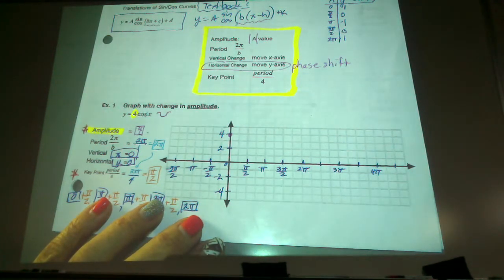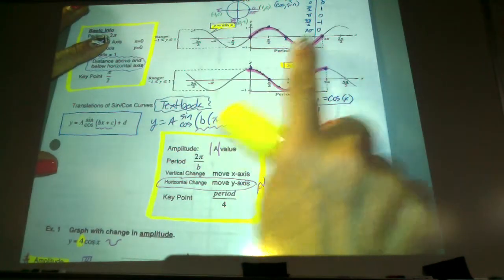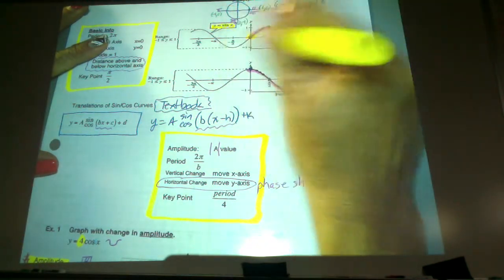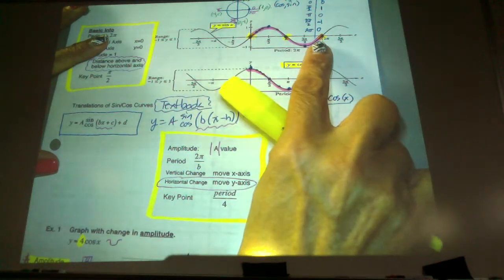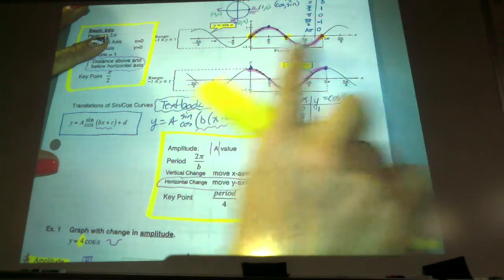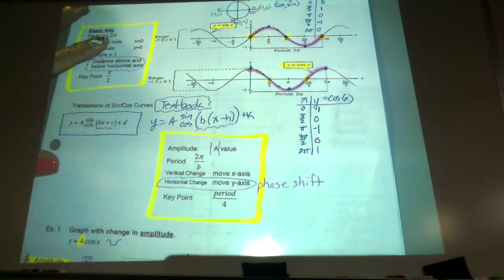And by the way, here's how the pattern works. Notice that every other increment, every other key point hits what? 0. The x-axis, and it is called a zero. So Math Excel asks you to label the zeros between 0 and 2 pi. You'll be labeling those 3 points. On cosine, there are only 2 zeros in one period.